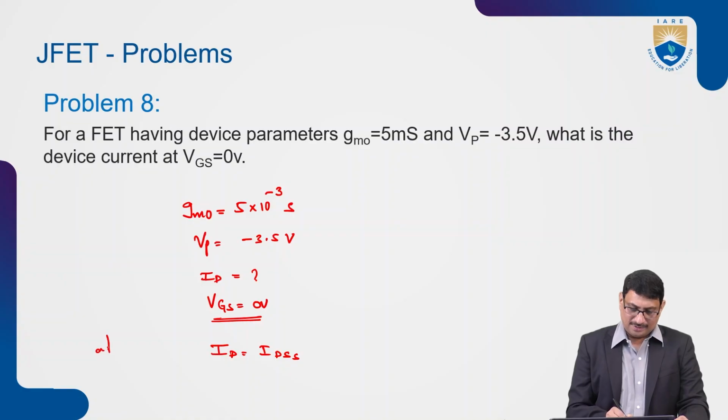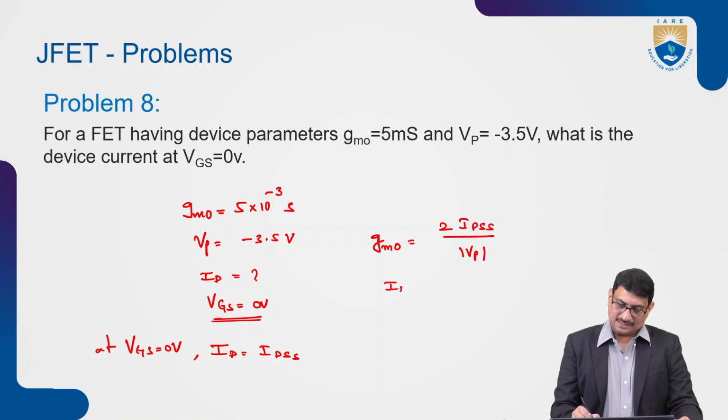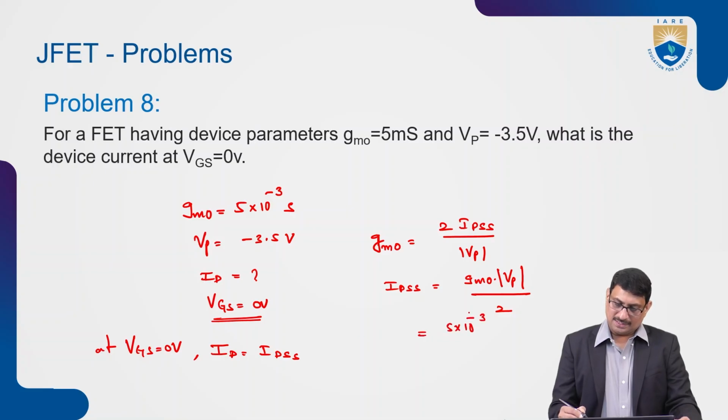That is, at VGS equal to 0 volts, ID equal to IDSS. To calculate the IDSS, we have the relation GM naught equal to 2 IDSS divided by the magnitude of VP. So IDSS is equal to GM naught into the magnitude of VP divided by 2, where GM naught is 5 into 10 power minus 3 and the magnitude of VP is 3.5, divided by 2.